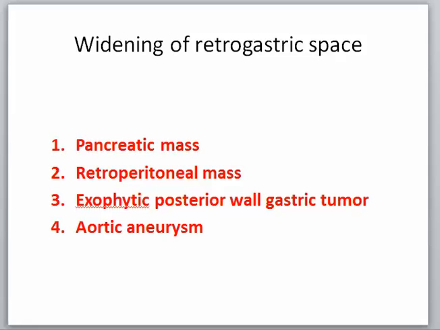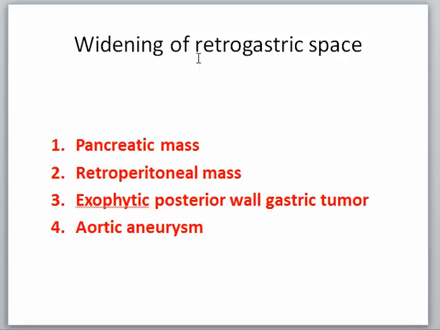Now, when do we get widening of the retrogastric space? Any pancreatic mass can do it, any retroperitoneal mass can do it. If the stomach itself has a tumor which is partly in, partly out, this is called an exophytic gastric tumor. That means a tumor bulging from the gastric wall, and lastly aortic aneurysm.